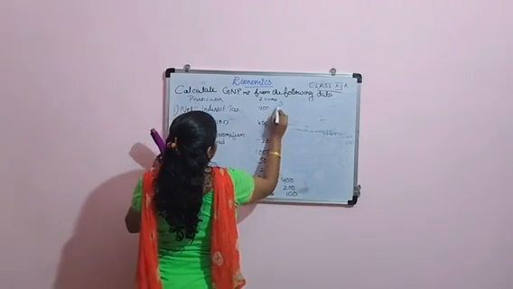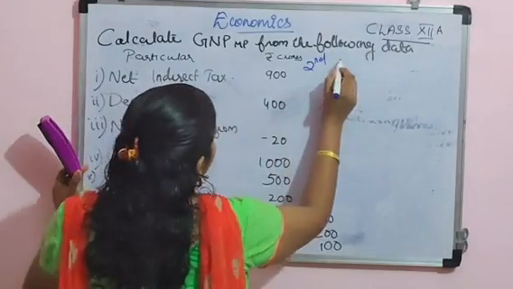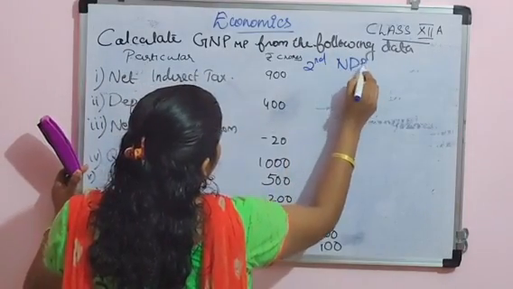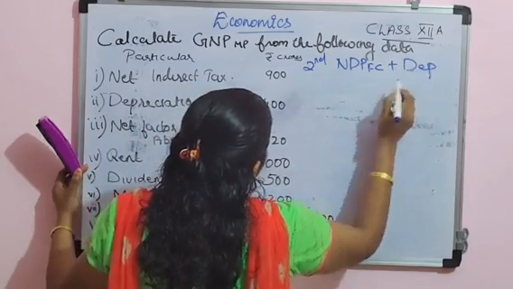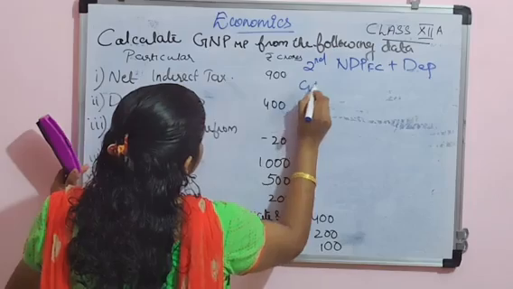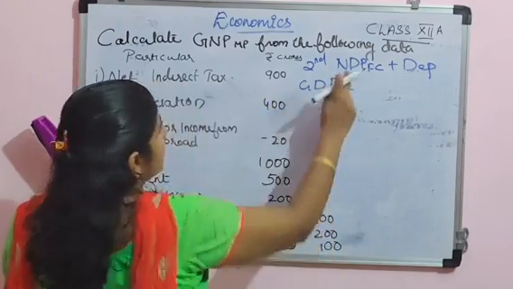Second step: NDPFC plus depreciation, then we will get GDPFC.